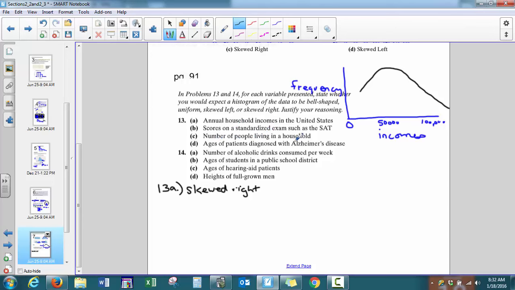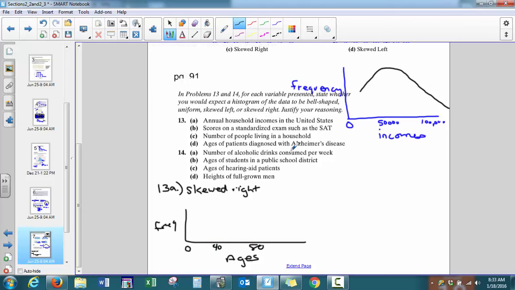Ages of patients diagnosed with Alzheimer's also would be, this would be skewed left. So let's draw a graph. Remember, frequency is always on the vertical axis. So here are your ages. So let's say 0, 40, 80.